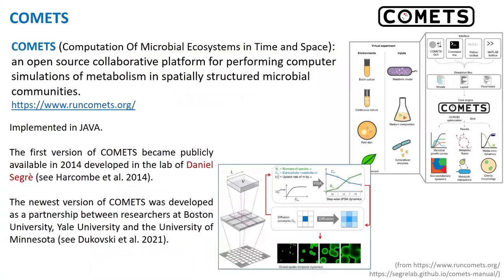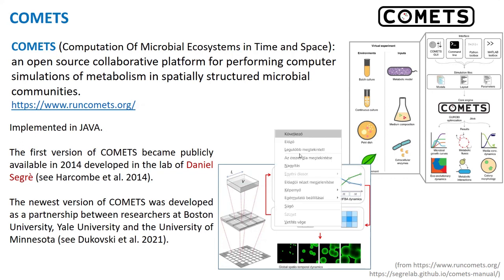And then we have Comets, which, as Agnes mentioned, is one of the most popular packages used. You can run simulations in a virtual test tube, batch culture, or on a petri dish in a spatially explicit model, and here one grid cell or one spatial location is actually a very small space which can be occupied by a limited amount of biomass.